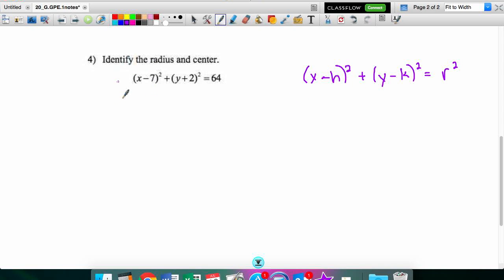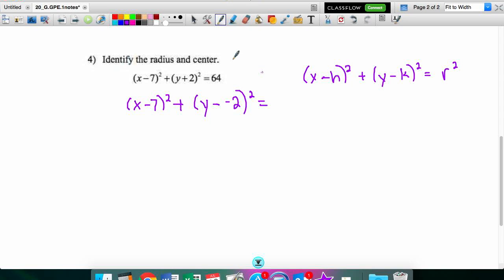All right, so let's do that. The first term looks like (x minus something) squared. So the first term's fine, (x minus 7) squared. But our second term is (y plus 2). So I need to rewrite that so that it looks like a minus sign. Just like we turned a double negative into a positive, we can turn a positive into a double negative so that we see that subtraction.